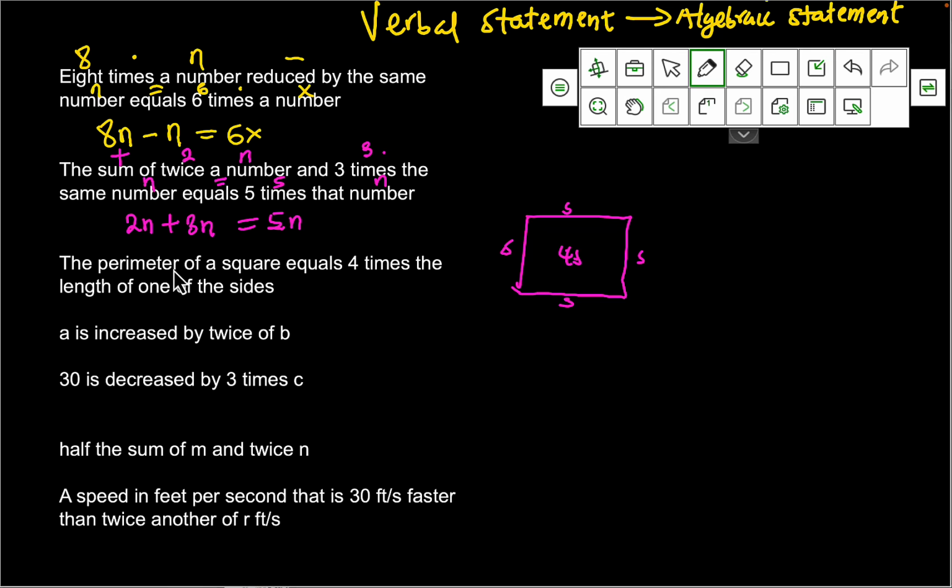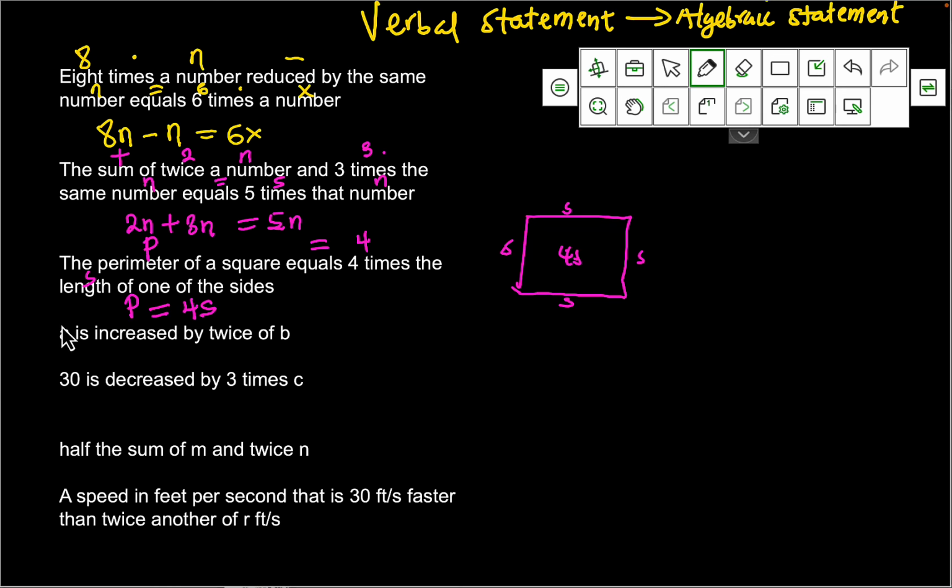So now it says that the perimeter of a square equals, let's call perimeter p, of a square equals 4 times the side, let's call the side s, right? 4 times the length of one of the sides. So that means that the perimeter p is equal to 4 times the side s.